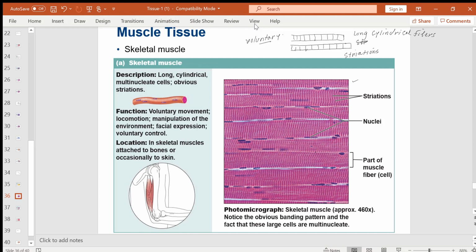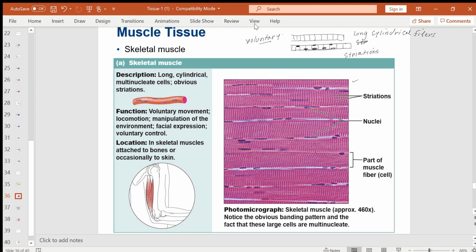Another important feature is in each fiber you have multiple nuclei, and the nuclei are not in the center but attached to the cell membrane or membrane of the fiber.